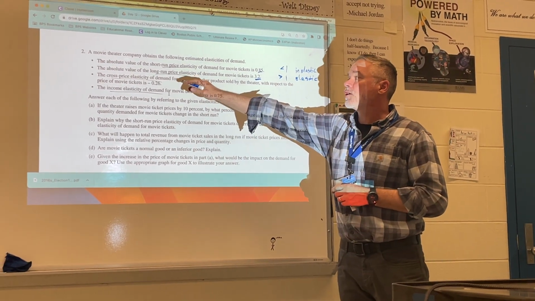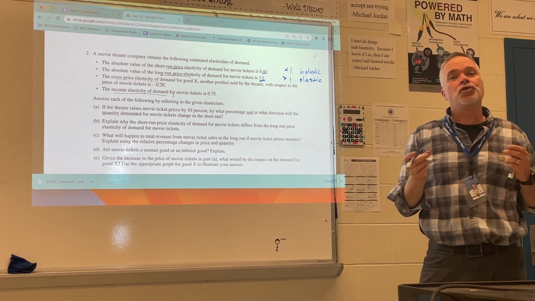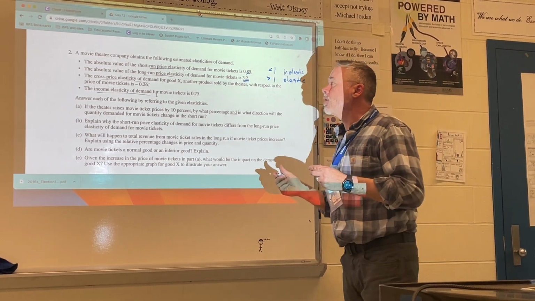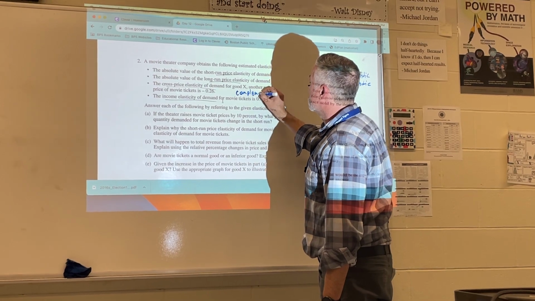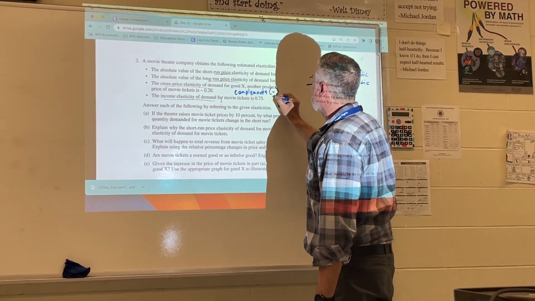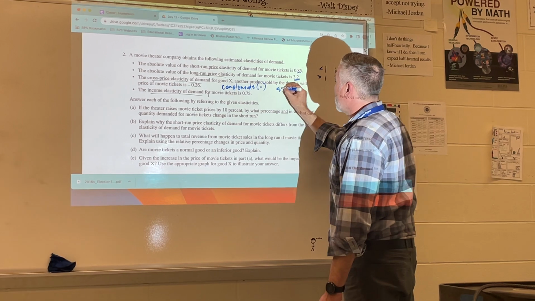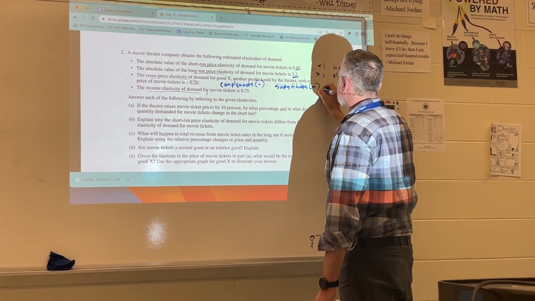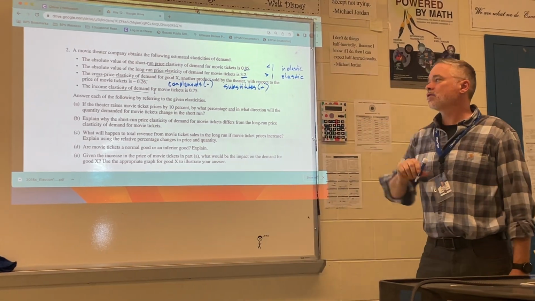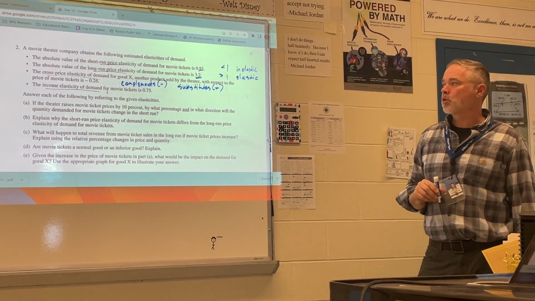So for cross-price elasticity of demand, you're comparing two different goods to see their relationship. If it is negative, it means those two goods are complements of each other. And if it's positive, it means that they are substitutes. In this case, it's negative, so that tells us those two goods are complements.